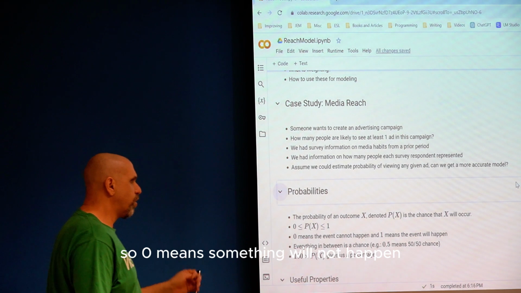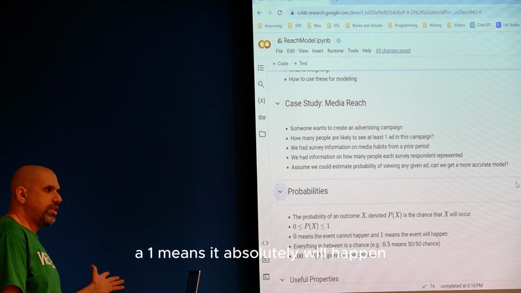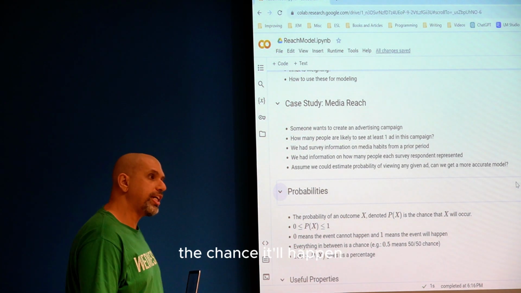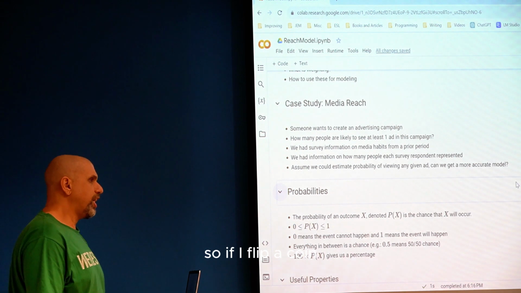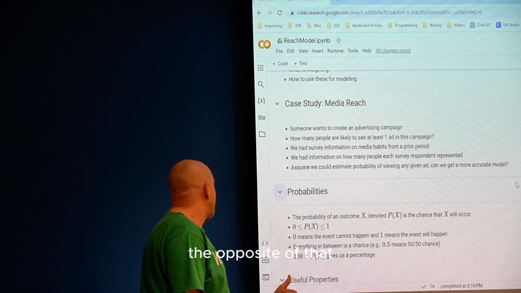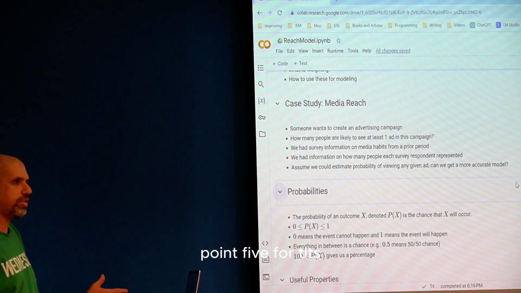So a 0 means something will not happen. A 1 means it absolutely will happen. And then in between, like 0.5, gives us the chance it'll happen. So if I flip a coin, assuming it's a fair coin, not weighted, the opposite of that, then I would assume a 0.5 probability for heads, 0.5 for tails.